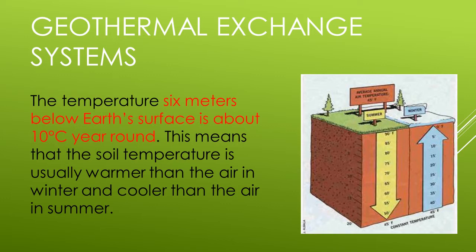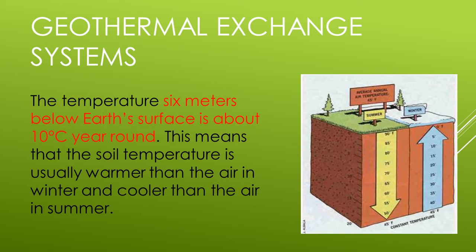Now, in the winter time, as you see, we have 0 degrees Fahrenheit. Freezing temperatures, very cold, especially for Thailand. But again, if we dig down about 6 meters, you see that the constant temperature remains 45 degrees Fahrenheit, or 10 to 15 degrees Celsius.